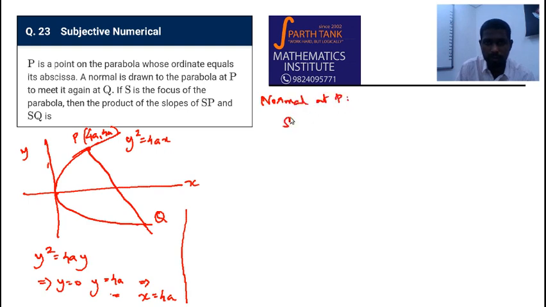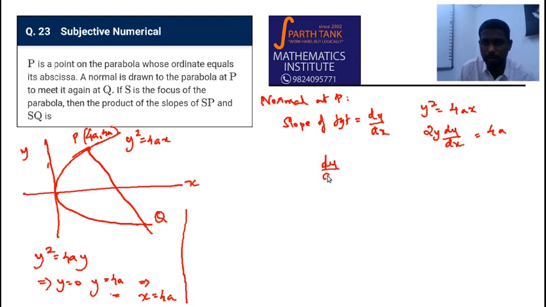Now what is the slope of the tangent? Slope of the tangent is dy by dx. So if y squared is 4ax, 2y dy by dx is 4a, or dy by dx is nothing but 4a by 2y, 2a by y.